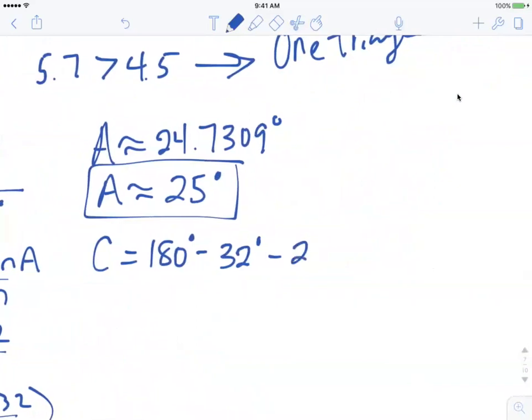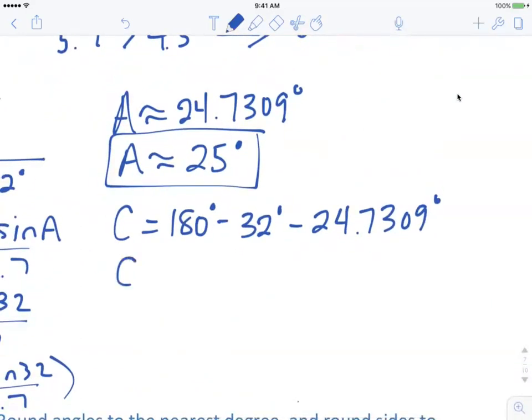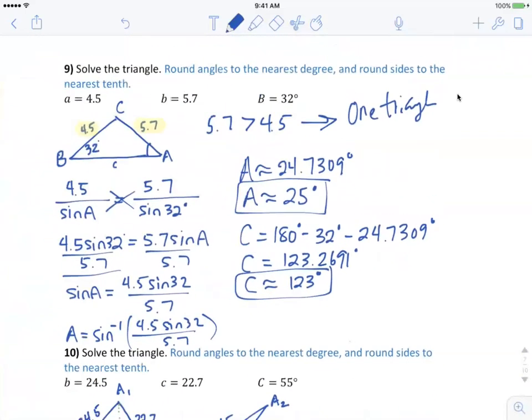I'm going to use the unrounded value, and I'll tell you why in a minute, but just to be accurate, let's see, when I calculate this, I get 123.2691, which in my final answer, when I do the rounding, is 123 degrees. And there's the C, okay?